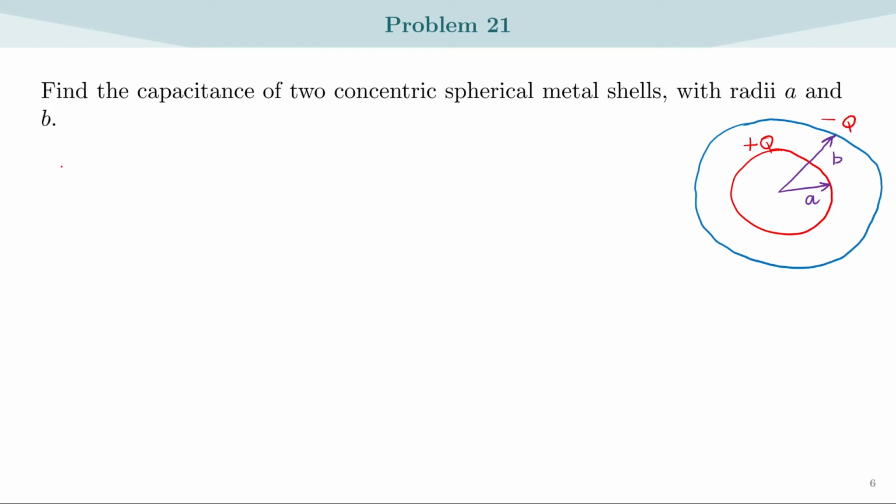The field between the spheres is given by E equal to 1 over 4 pi epsilon 0 times Q over r square directed along the r hat direction. So the potential difference between them is equal to the integral B to A E dot dl.